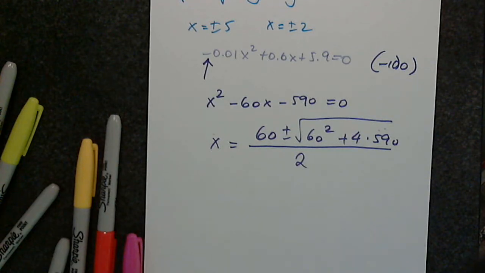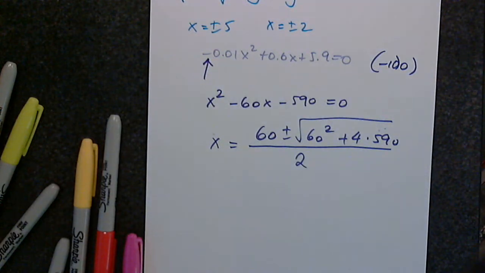Of course, it's not going to be factorable. I doubt it. I mean, who knows. Left parenthesis for the numerator, 60 plus the square root, parentheses, 60 squared. I can write 3,600. You don't have to. Plus 4 times 590. Close the parenthesis. Close the parenthesis for the outside and divide by 2.